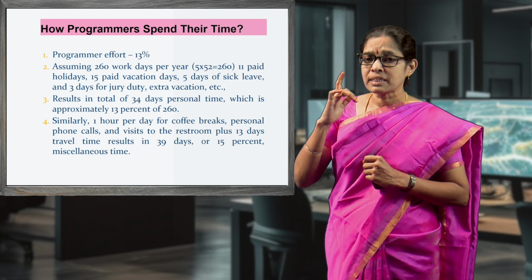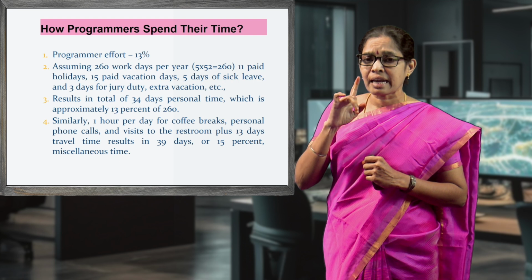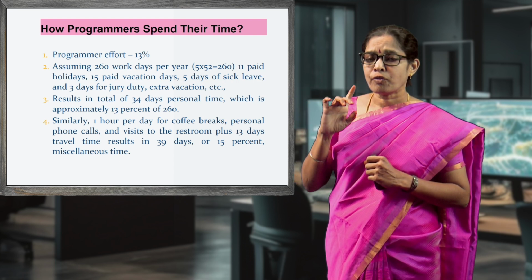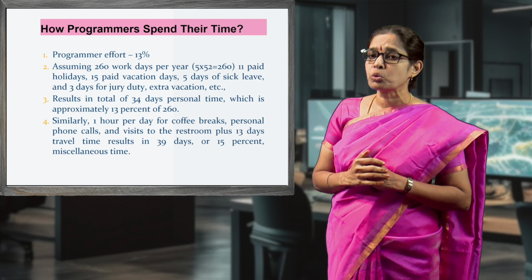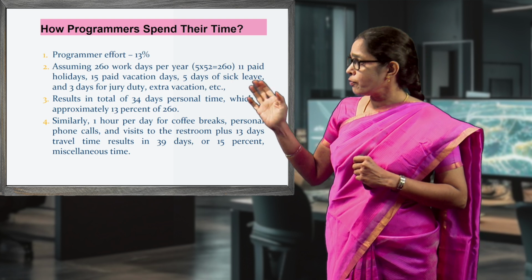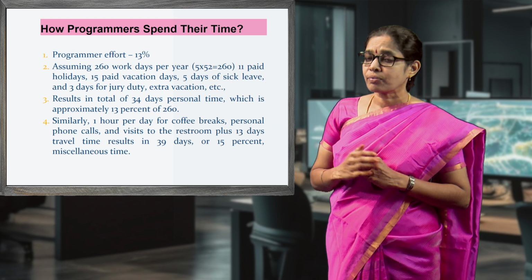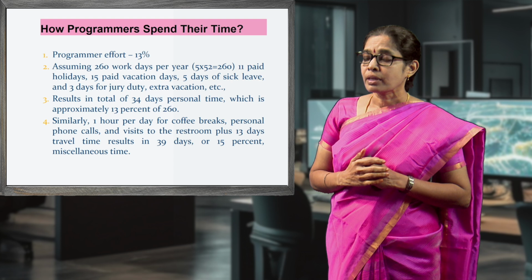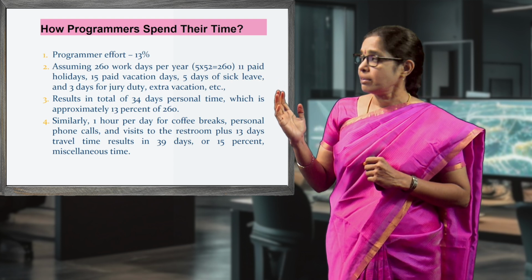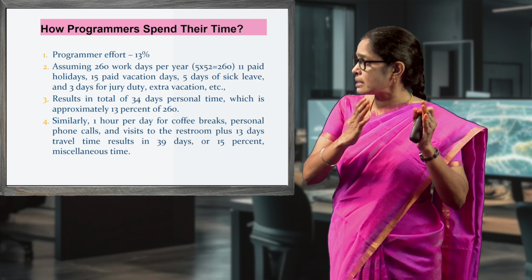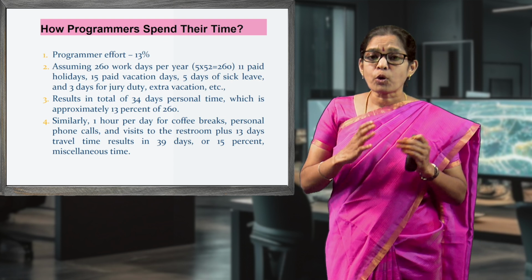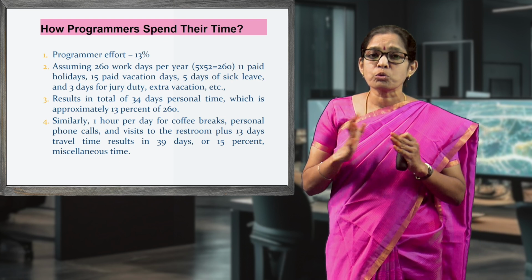Here we assume 5 working days per week into 52 weeks per year, so 5 into 52 is 260. Then 11 paid holidays, 15 paid vacation days, 5 days of sick leave and 3 days for jury duty, extra vacation, etc. So the result is 34 days of personal time, which is approximately 13% of 260.